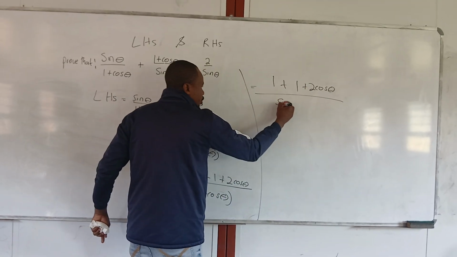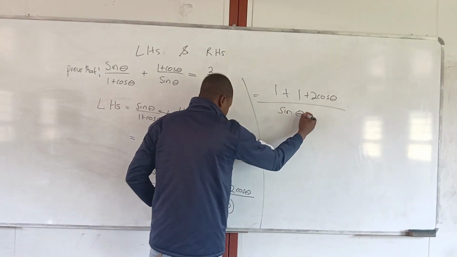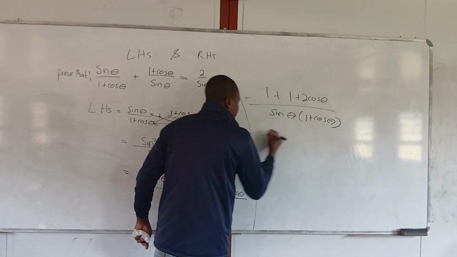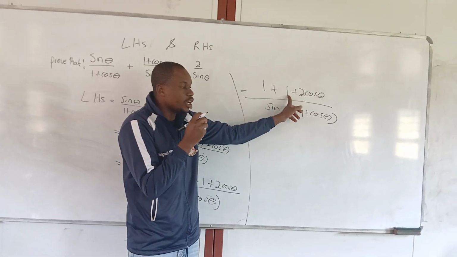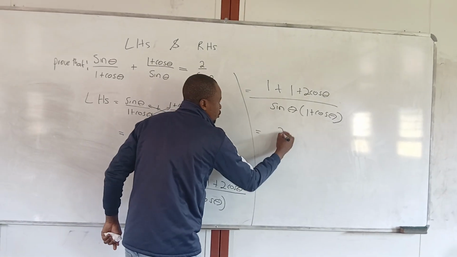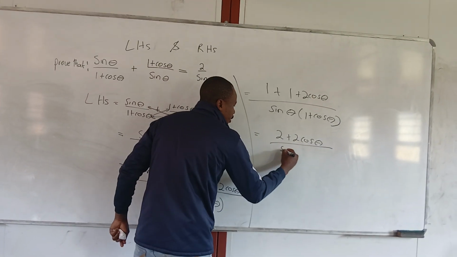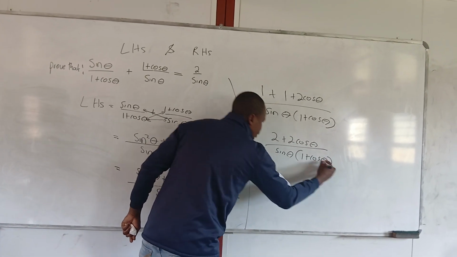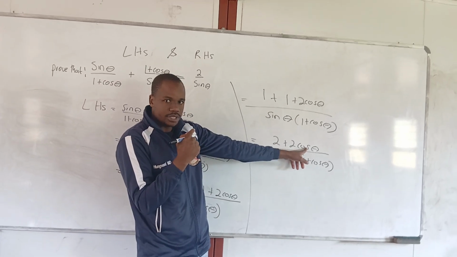You divide by the very same denominator, the sine of theta 1 plus the cos of theta. Now you can add these two like terms, 1 plus 1 is 2, plus 2 cos of theta divided by the sine of theta 1 plus the cos of theta.